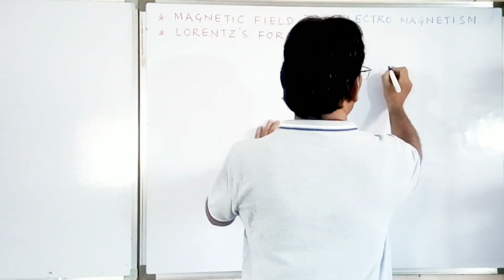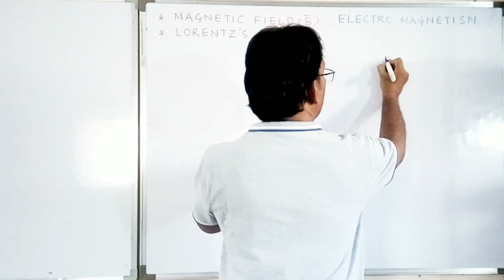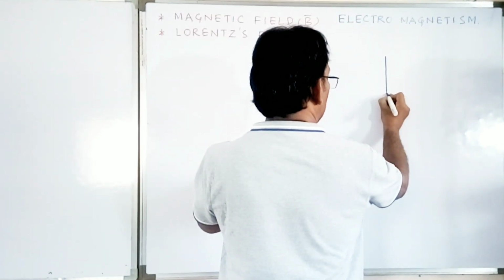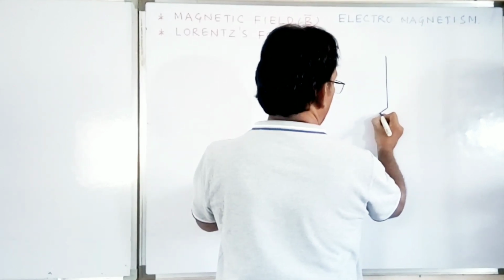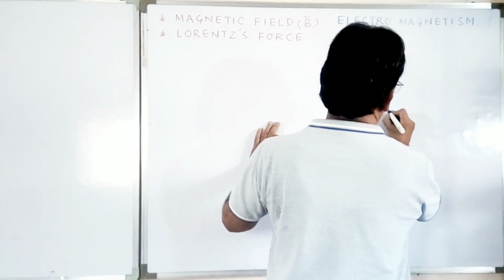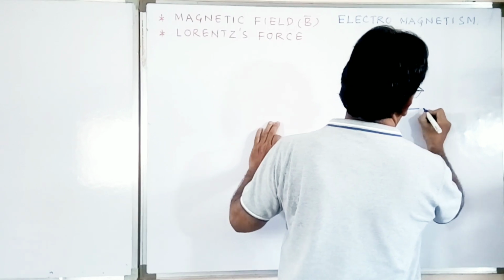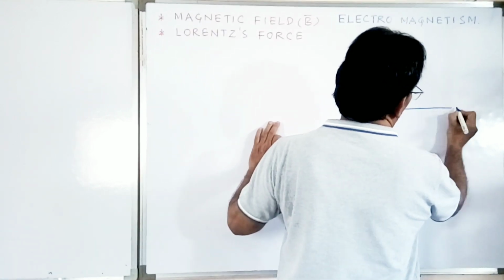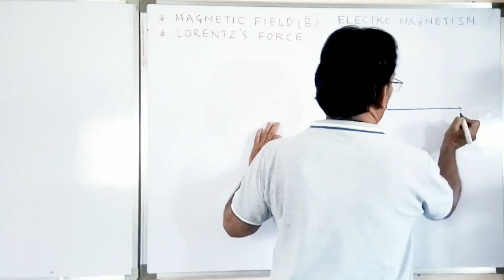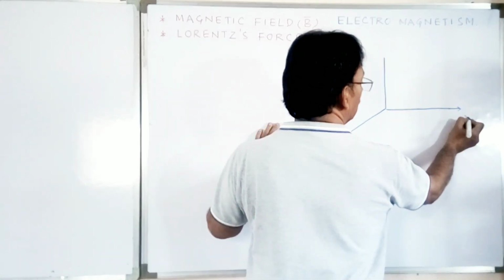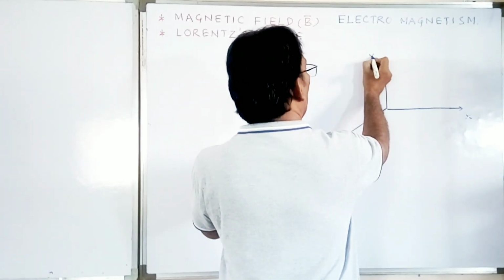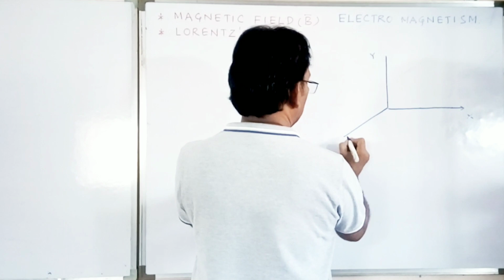Let's take a three-dimensional plane. Name them as X, Y and Z axis.